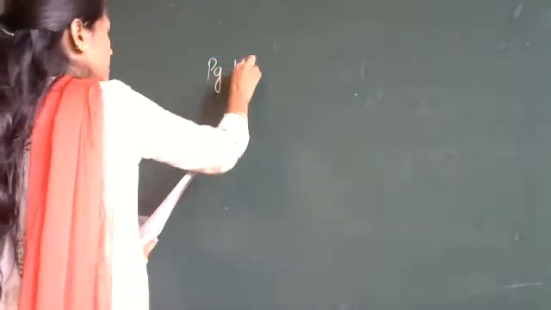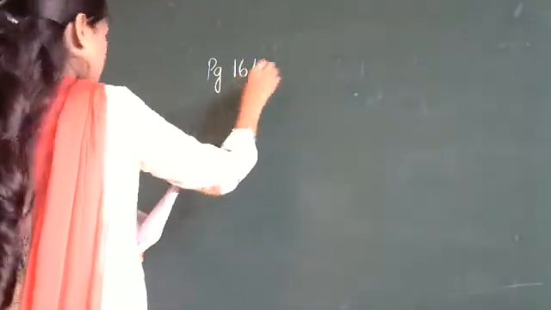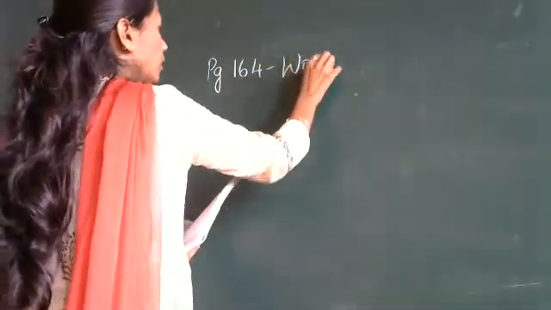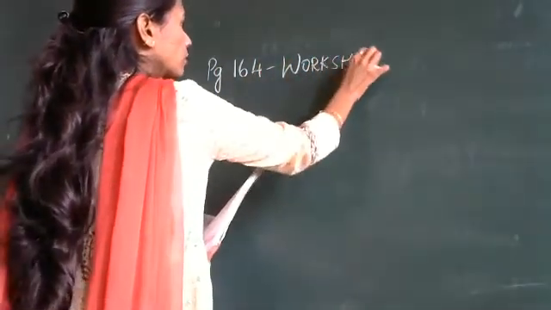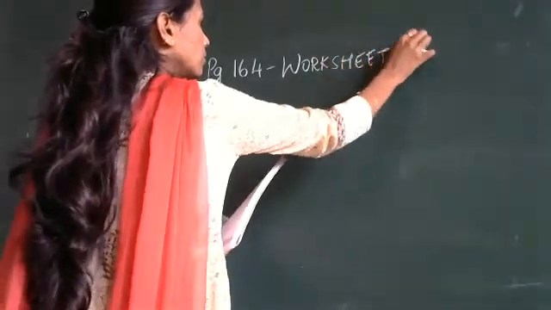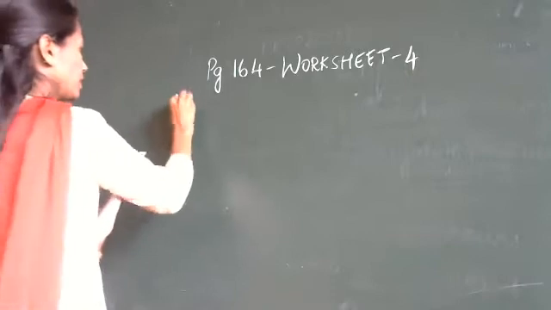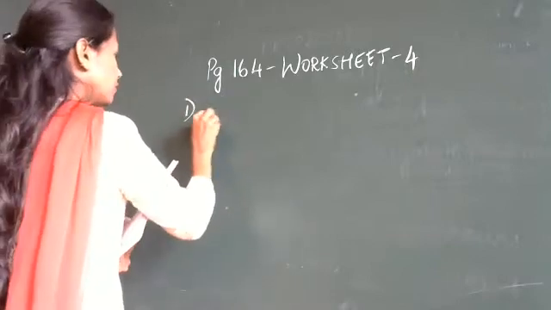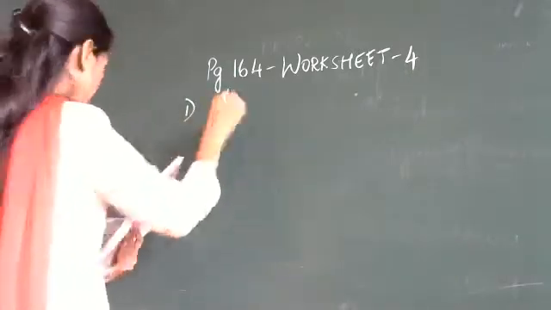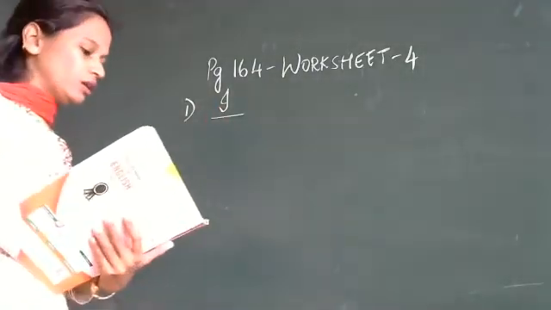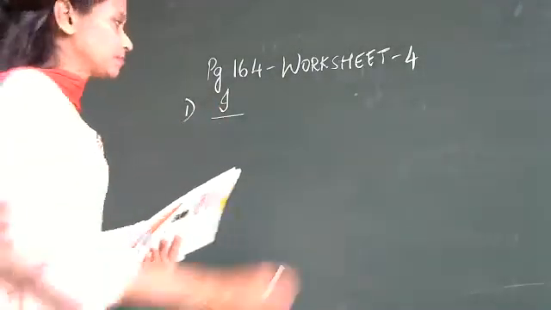Page 164. Worksheet 4. The first one. The dash is there, you write I. When I explain my problem to my principal, she and her.